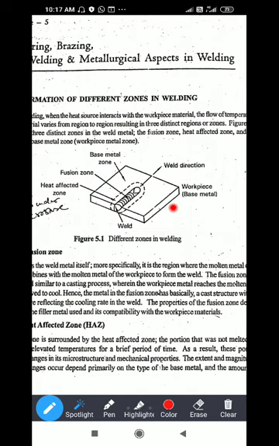In the base zone no heat or temperature is transferred. The base zone is the normal zone of the workpiece, where the initial microstructure of the workpiece remains the same after the welding and the heat transfer. So this zone is called the base zone.